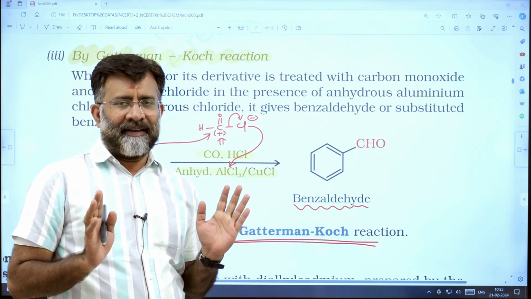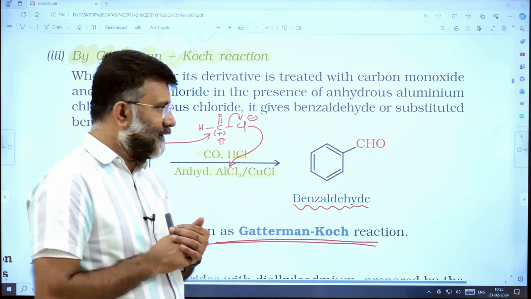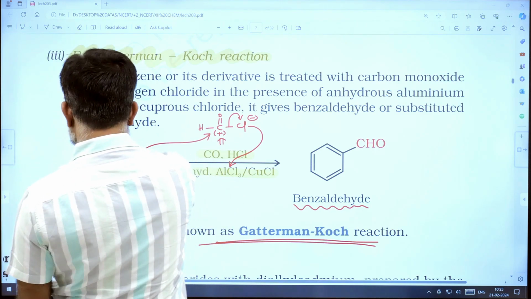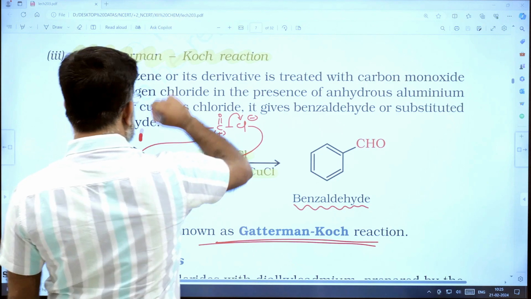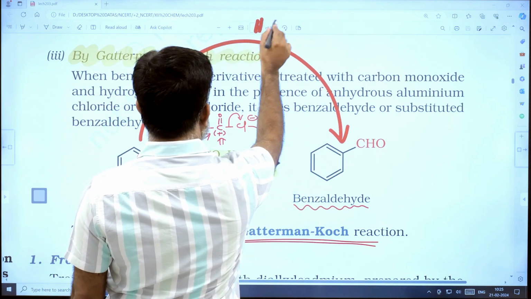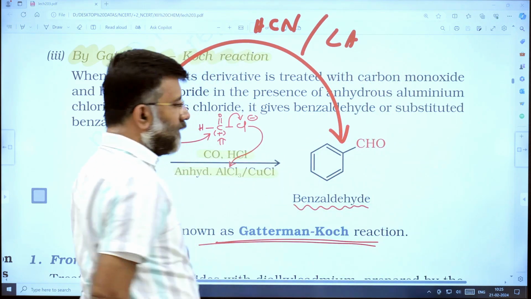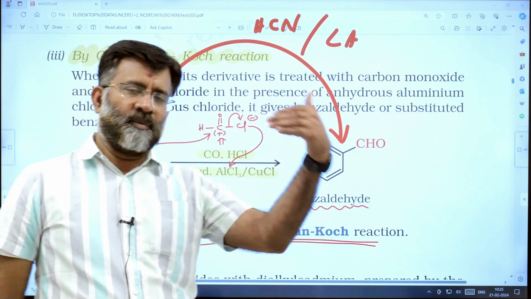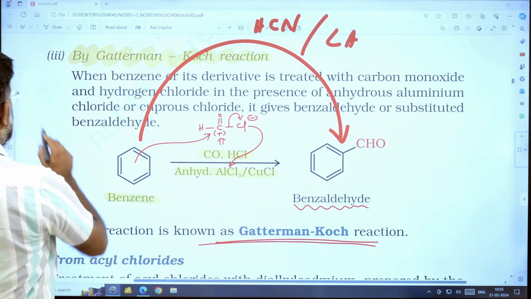And there is one more reaction like the Gatterman-Koch reaction. Benzene converted to benzaldehyde by using HCN and a Lewis acid. That is the Gatterman aldehyde synthesis.